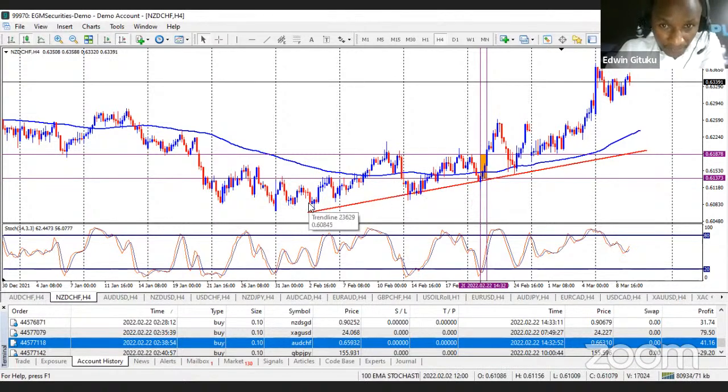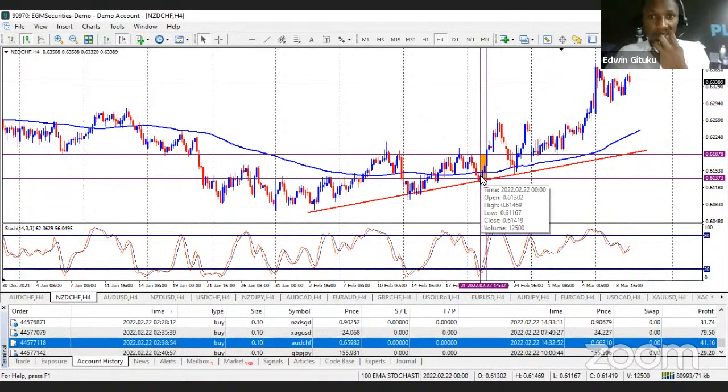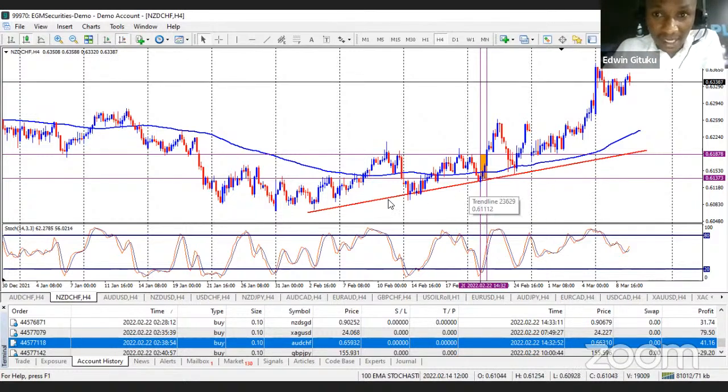Price was rising and falling, and it's a structure where you could connect these touch points. We have 4 touch points. The first one, the second one, then the point at which price came to retest that trend line to confirm that indeed this is a support zone.